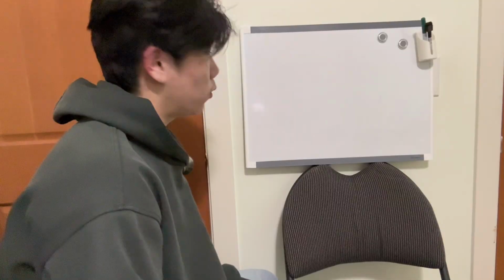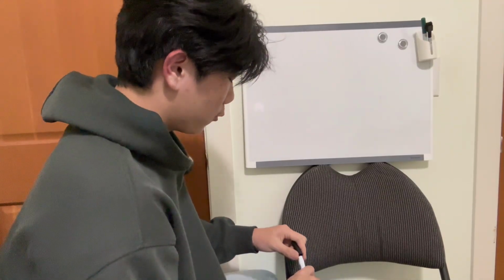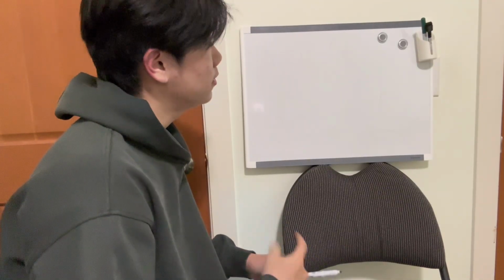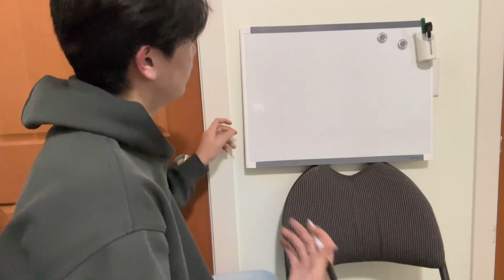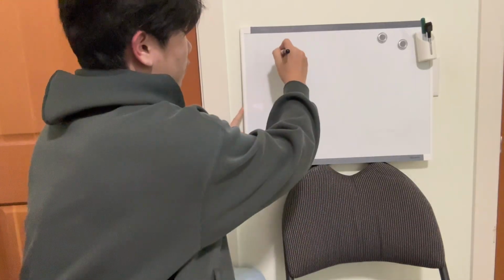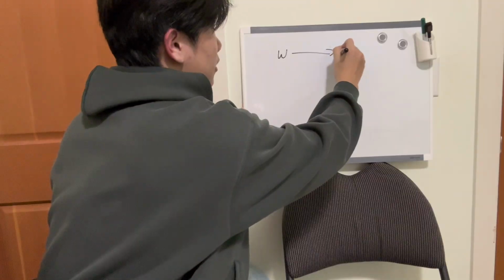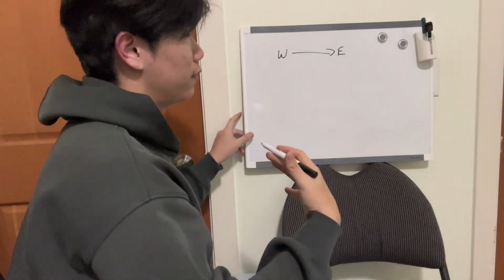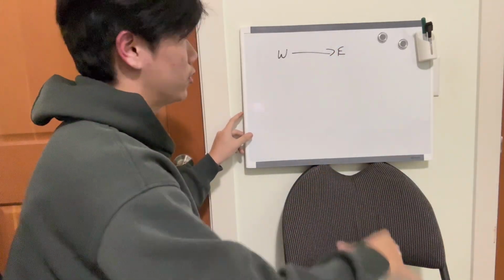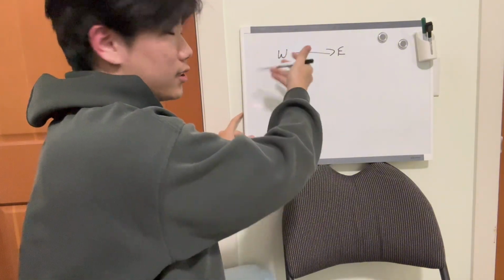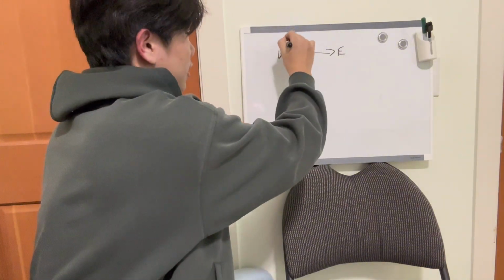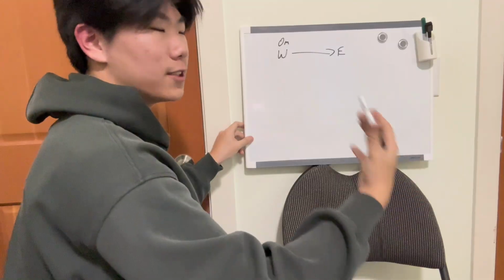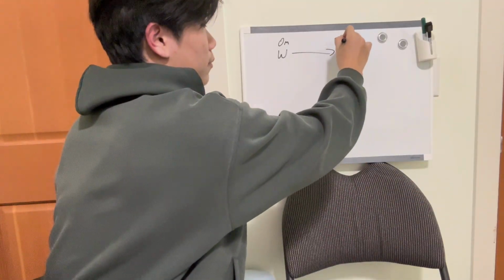Okay, so let's walk through some practice questions. I'm David, so let's use me as an example. Let's say I walk from west to east, and I walk a total of 15 meters starting from 0. So my starting position, this time west, will be 0 meters. I stop at 15 meters.